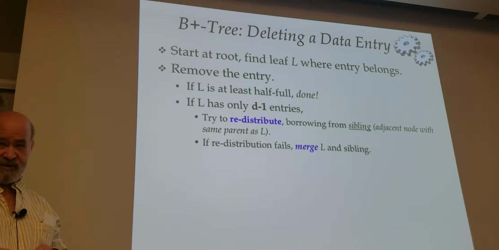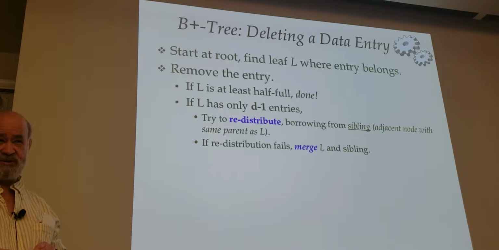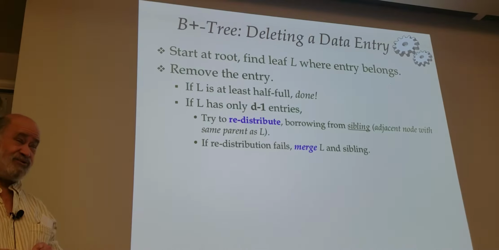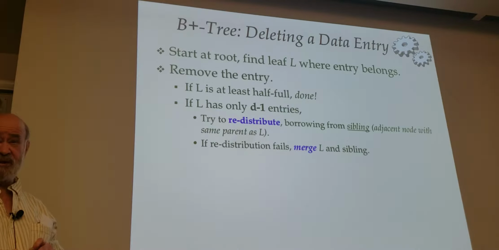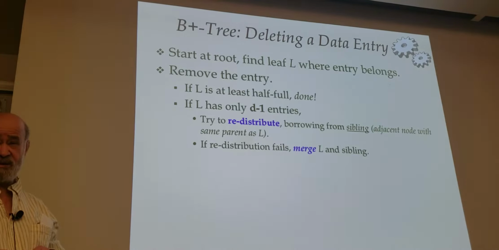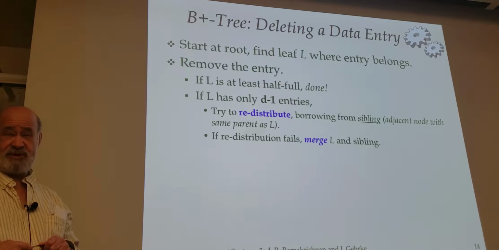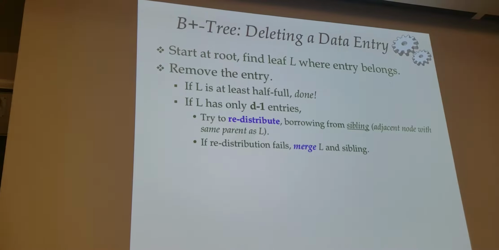But if your sibling cannot contribute to you because the sibling's at D as well and would go down to D minus one, your size, D minus one, plus your sibling size, D, allows you to merge pages together and have one fewer page. Because you can have two D minus one, since the max you can fit is two D.